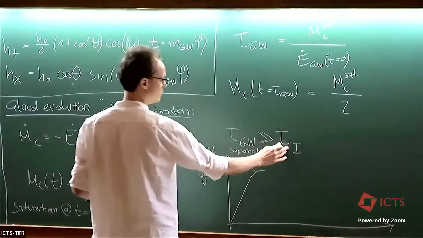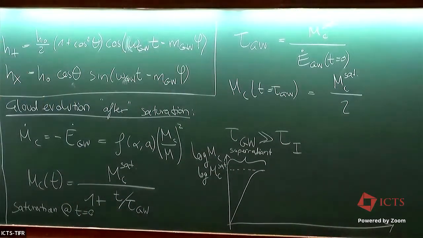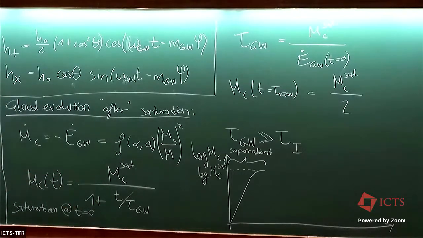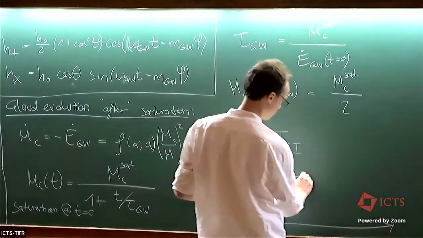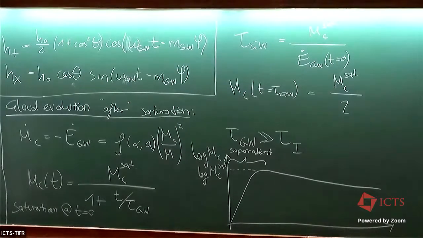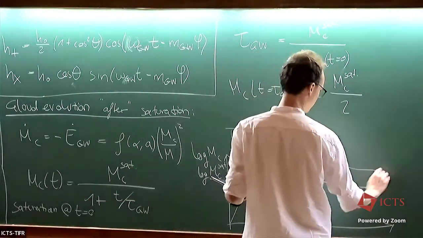So the timescale of the growth goes basically to infinity. Okay? But then the cloud still decays over time, roughly polynomially. So in this plot, it will look something like this. Okay? And so this is the gravitational wave emission timescale.